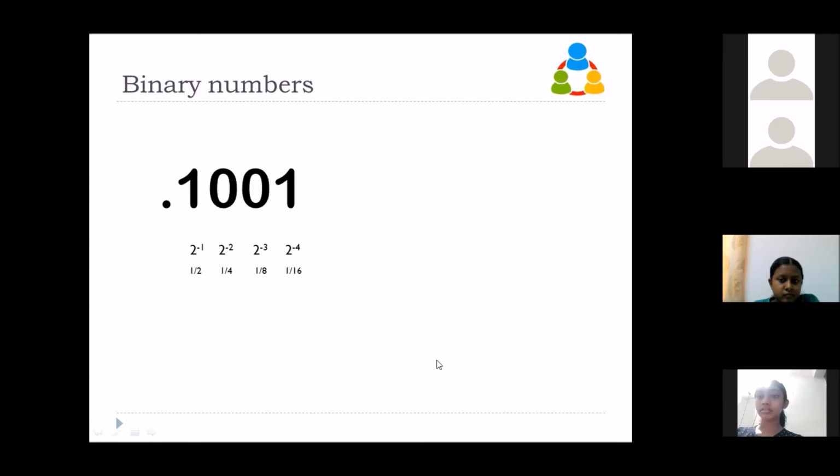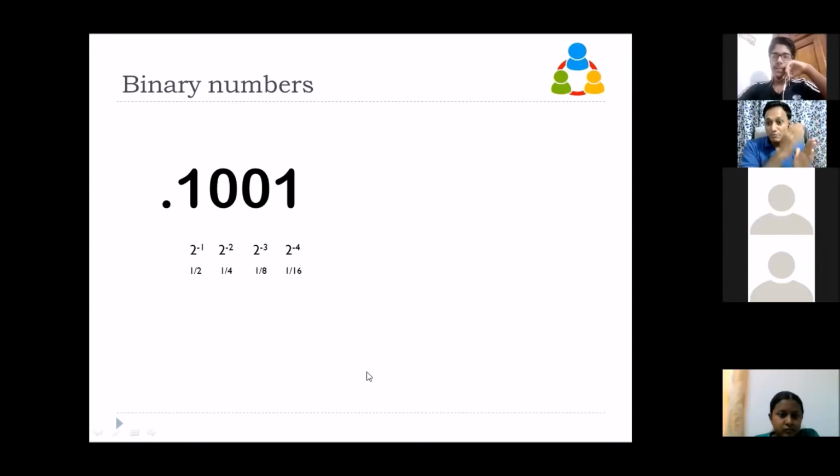Yes, sir. So the more number of decimals means more accuracy, right? So actually speaking, if you tell a number like 10.538, what does it mean? You know that number is between 10 and 11. That is why you tell 10 point. The moment you tell 10 point, it means it is more than 10, less than 11.